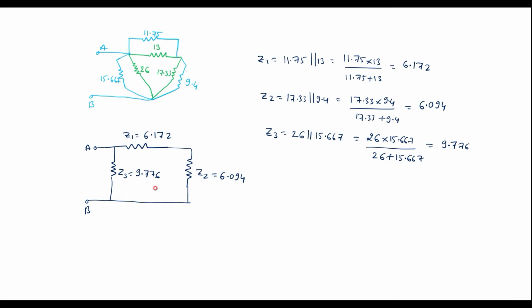Now further, we can observe that Z1 and Z2 are in series. Those can be added up. That will come in parallel with Z3. I will draw the circuit here.